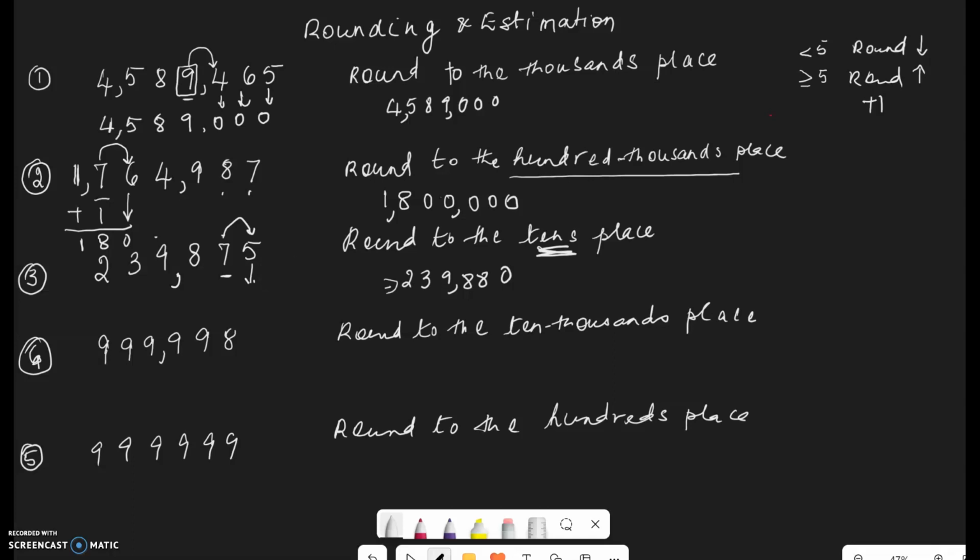So here we have 2 commas in the first, so that makes it in the millions. Now we need to round this to the 10,000s place. So first of all, locate the 10,000s place. Ones, tens, hundreds, thousands, 10,000s. So now we have the 10,000s place.